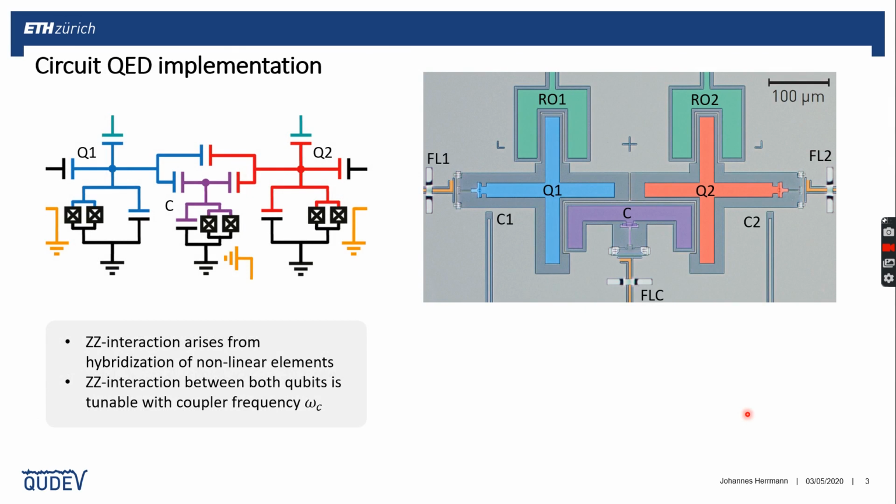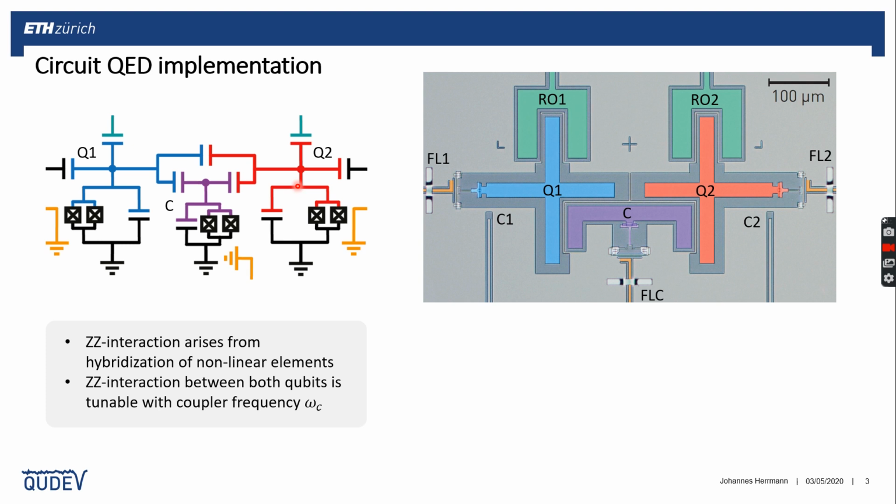And how did we implement our circuit? So what we can see here again is a photo of the core portion. And the two transmon qubits are here and are both interfaced by this coupler element. If you now only have two qubits coupled via a fixed coupling rate, also the ZZ interactions will be fixed.